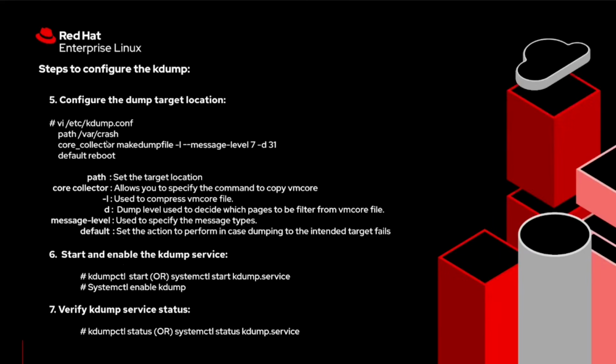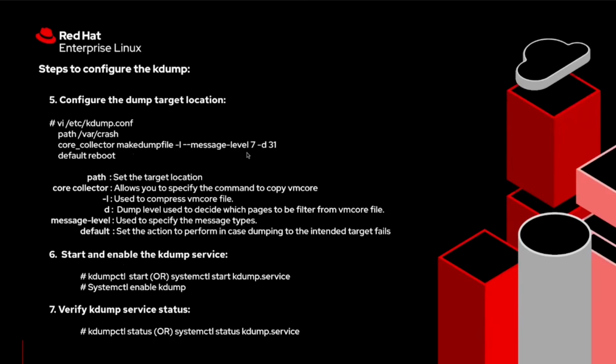Let's configure the dump target location by editing the vi /etc/kdump.conf file. Here we set the path to /var/crash, specifying the core collector as makedumpfile. Here -l indicates the compression algorithm of the core dump. The message level is used to specify the message type.